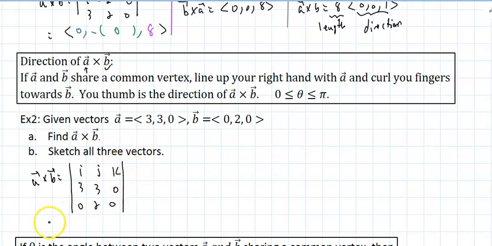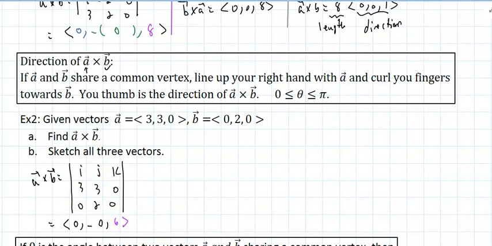If I cross the I, it's 0 minus 0, which is 0. If I cross the J, it's going to be 0 minus 0, which is also 0. Yeah, I picked it that way. And if I look at the K, it's going to be 6 minus 0, which is just 6.